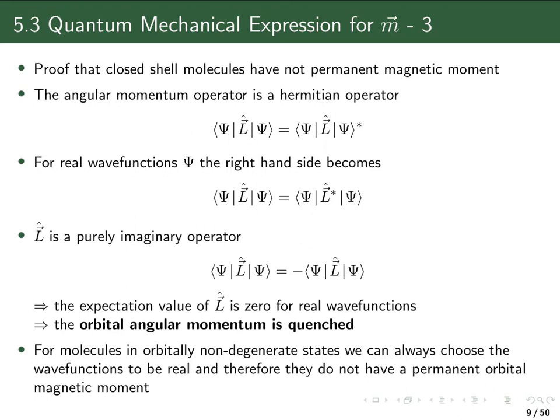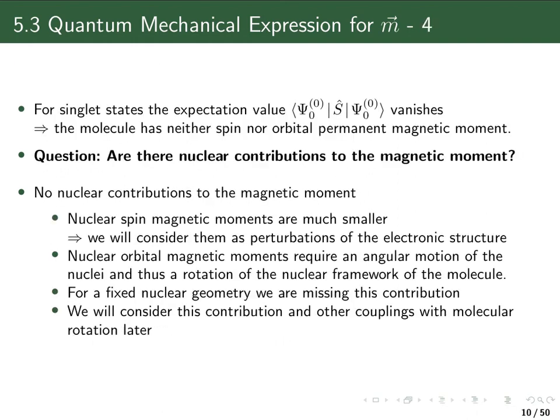So for closed-shell molecules or molecules in orbitally non-degenerate states, one can choose the wave function to be real, and therefore they don't have a permanent orbital magnetic moment. What about spin? If the molecule is in a singlet state, then the expectation value of the spin operator also vanishes, which means there is neither a spin nor an orbital permanent magnetic moment.